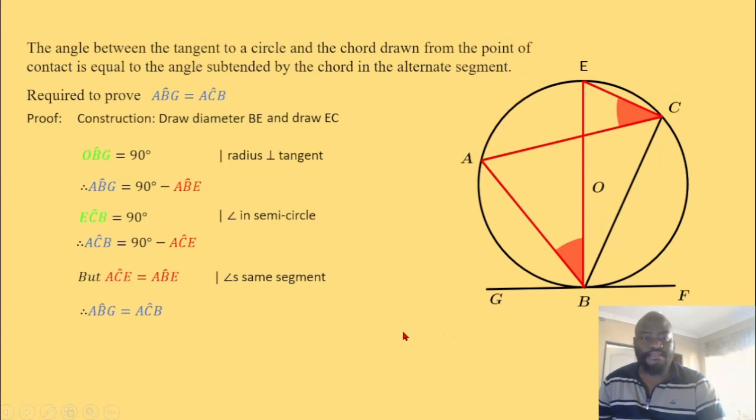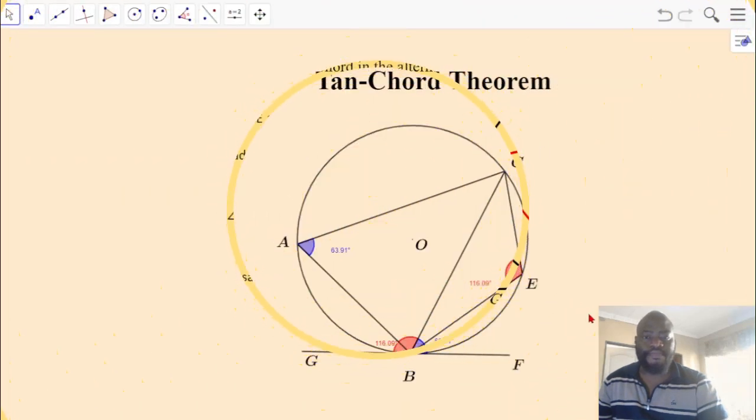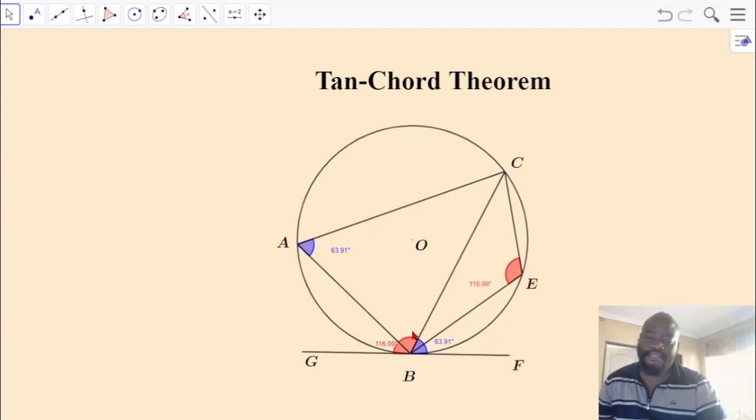And now let's go to GeoGebra and see what's going on. So again, here in GeoGebra, we see the same thing. The red angle here equals this one, since BC is the chord that is making the red angle. So the angle between the tangent and the BC, then BC in the other segment gives this angle E here.